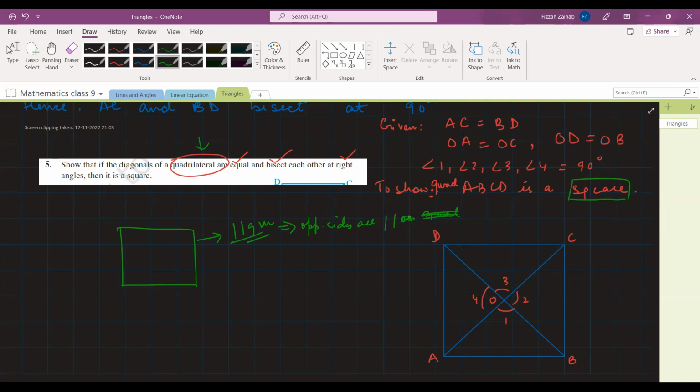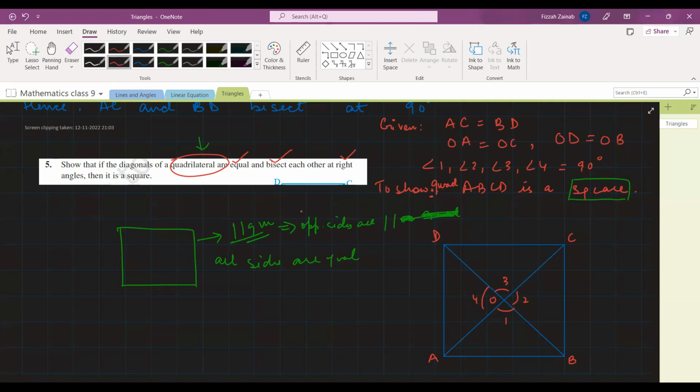Now, second thing: opposite sides can be equal in a rectangle also, and in a rhombus also. So how to differentiate? You also have to show that all sides are equal in a square. Is that clear?